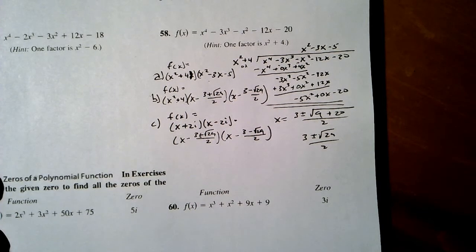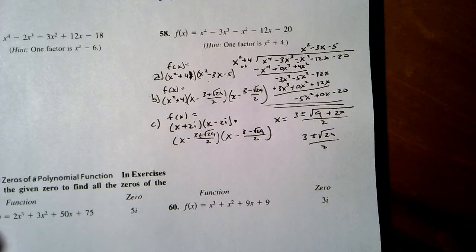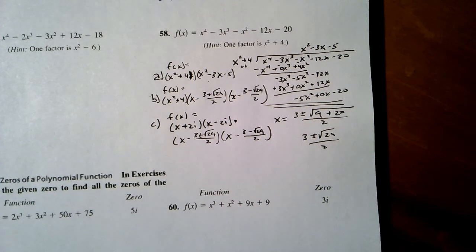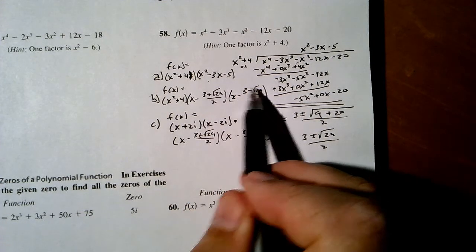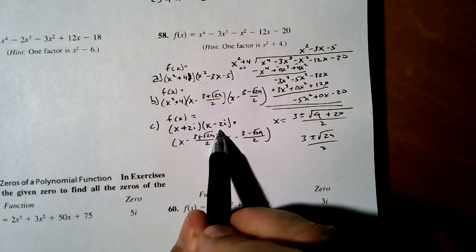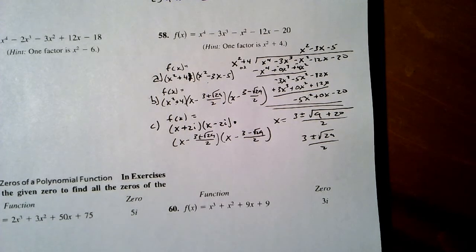Kind of ugly, but in the same sense, kind of a neat little process there. Just getting comfortable with, hey, we got rational numbers, we got real numbers involved in here, and now we have some complex imaginary numbers in those factorings.